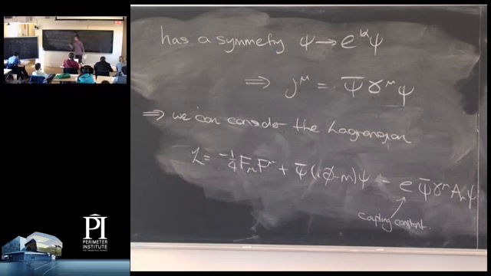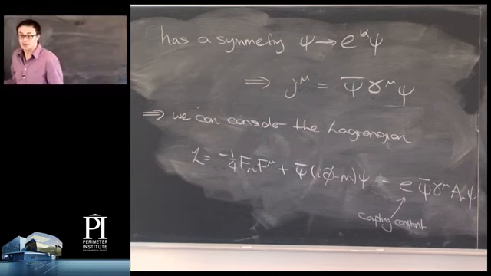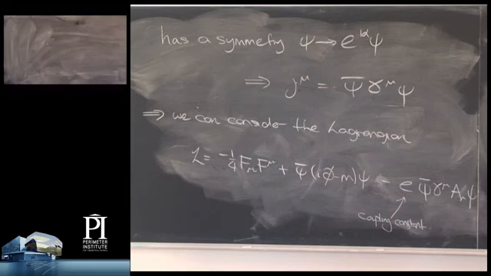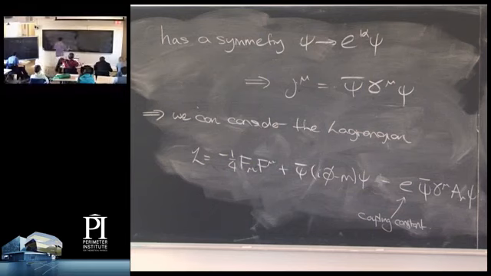So notice that there's something extremely important here. We learned that symmetries were important because they gave rise to conserved currents. But now we learn that symmetries are even more important because if you want to couple matter to gauge fields, that's what you've got to do. You've got to find symmetries which give you a current which couples in this way. Yeah? No, at the moment this is a classical Lagrangian, so this can go anywhere. Other questions? How do we know the right place to put it?